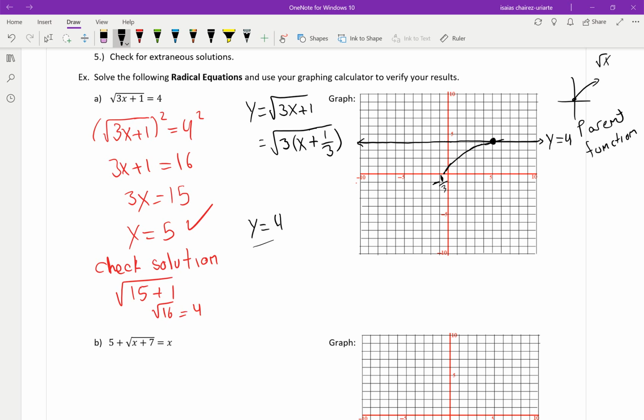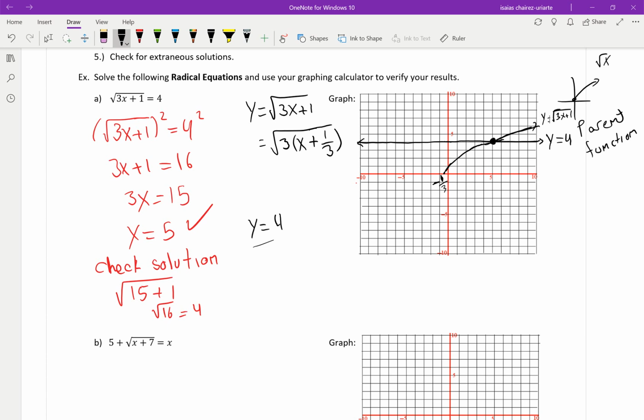So this one is y equals the square root of 3x plus 1. And the x value at which they intersect happens to be 5. That's why we concluded our equation had the solution x equals 5, because at 5, these two graphs intersect each other. So that is what's going on graphically.